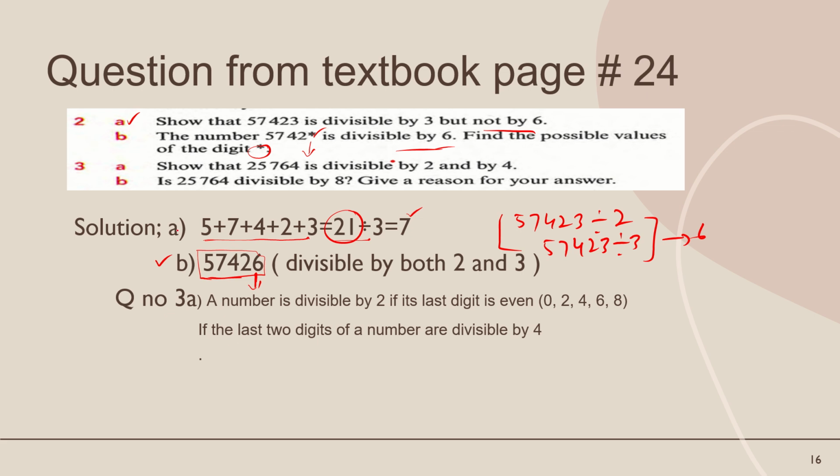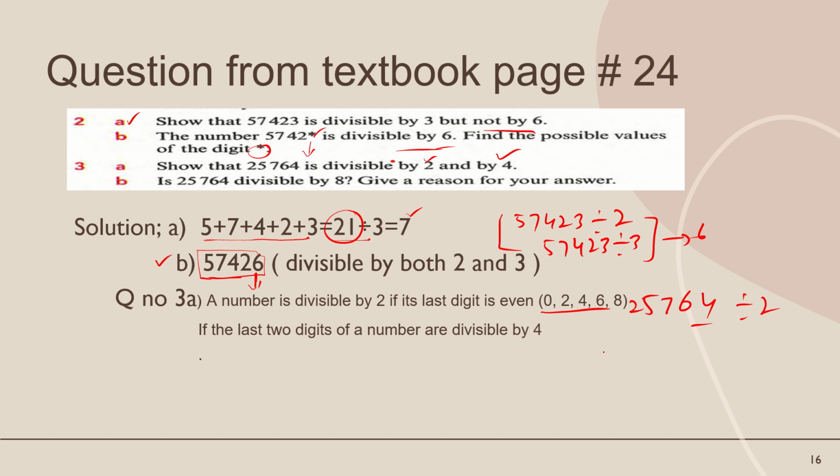Okay, now the last question, question 3 part A. Is 25764 divisible by 2 and by 4? Okay, what are the conditions for the divisibility tests for 2 and 4? For 2, the last digit should be even. In 25764, the last digit is even, so it is divisible by 2. For 4, the last two digits should be divisible by 4.